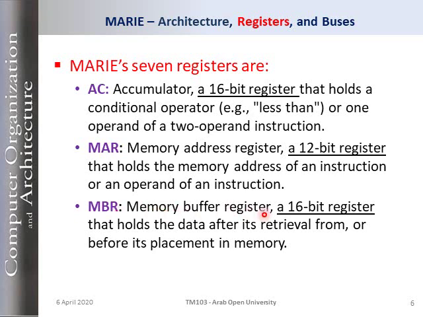MBR, memory buffer register, is a 16-bit register that holds data after it's retrieved from or before its placement in memory. Again, the memory buffer register is also concerned with the memory. Any data that we want to store in the memory, we first have to put in the memory buffer register, then it's moved from there to the memory or the RAM.